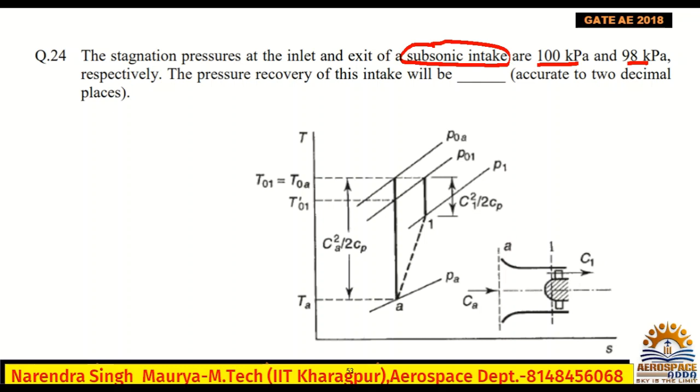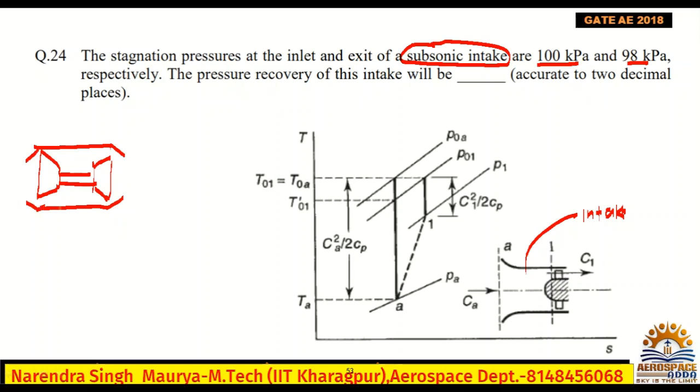Check, this is the intake. I told you many times, this is the compressor, symbolic diagram, this is the turbine. Yes or no? So here this point is A, this point is 1, this point is 2, this point is 3, this is 4, and this is exit. Very simple notation: compressor, combustion chamber, turbine.